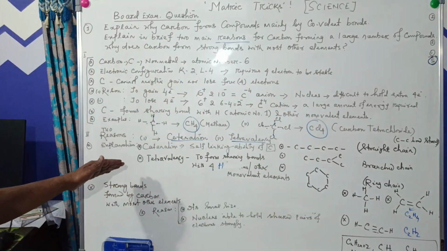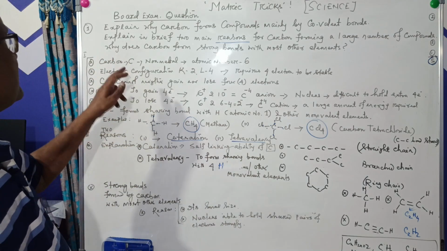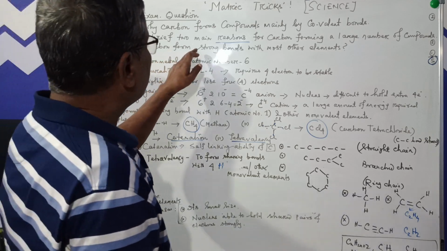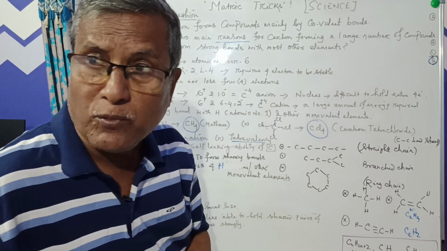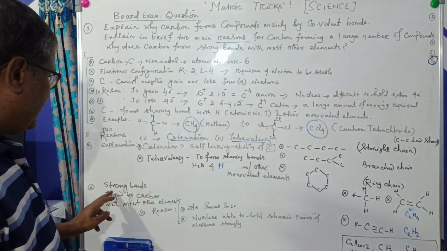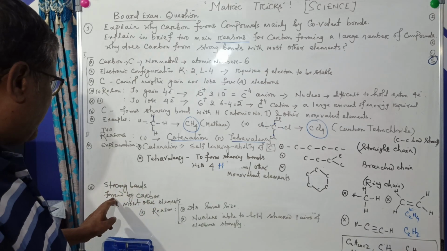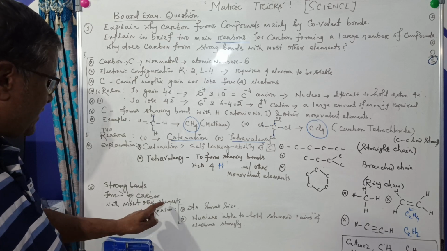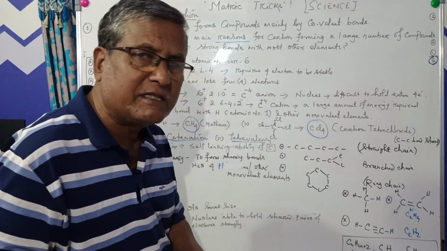Then another part, the question that asks, why does carbon form strong bonds with most other elements? The reason is its small size.